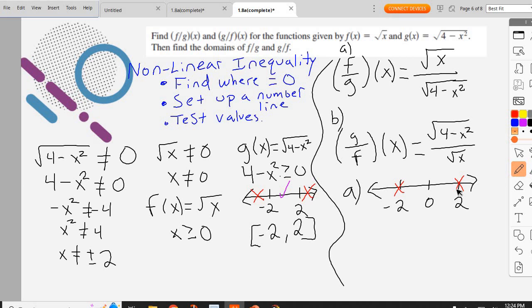Then the next thing that we found was, our f of x has to have an x that is greater than or equal to 0. So remember that that gets a filled in circle, because it can equal it, and we would shade to the right. Yes? Do we all remember number line inequalities? Hopefully so. Alright, and then our last one was our square root of 4 minus x squared. And that was in between negative 2 to 2.